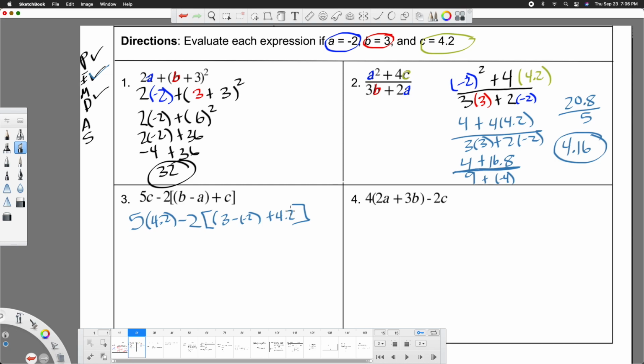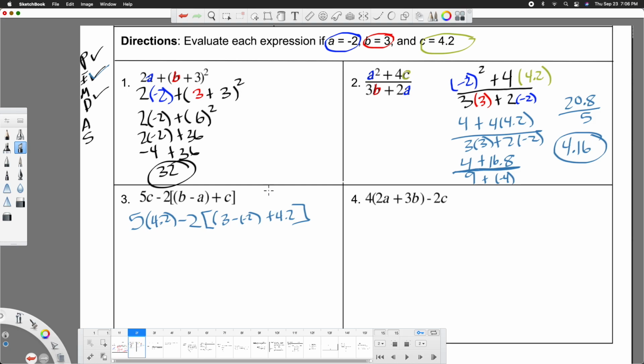And one thing I want to point out, I'm going painstakingly slow on these steps. I know I have students, even in IM 1 and IM 2, that don't necessarily like this very slow, one piece at a time. I'm doing it this way so that you can very clearly see I'm doing the order of operations each time.